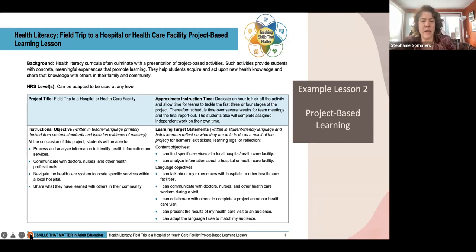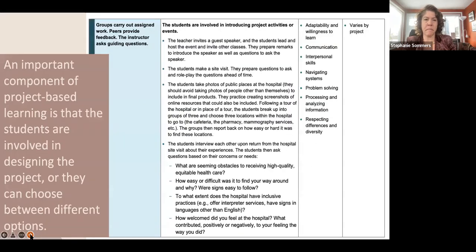However, the lesson does talk a little bit about how you could do some virtual visits, or maybe invite a guest speaker into your classroom using something like Zoom. I think the lesson could be adapted, rather than a field trip, maybe more like preparing for informational interviews. And so the project here involves having students gather information and then present what they've learned.